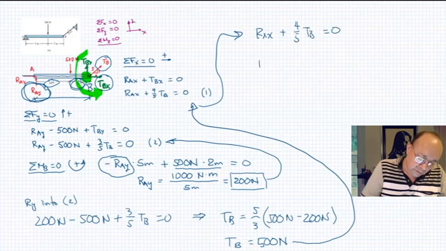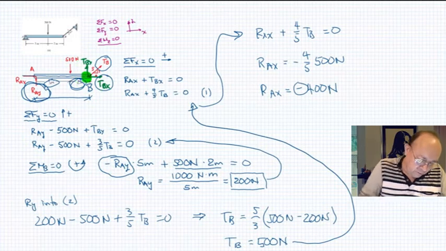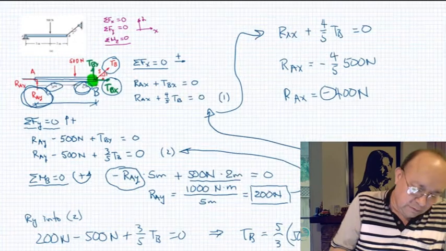Then RAX equals minus 4 over 5 TB, which with TB of 500 newtons gives RAX equals minus 400 newtons. So we get this negative sign. That means that the assumption that we made that RAX was to the right, let me increase that size here.